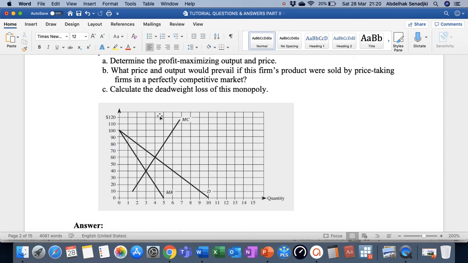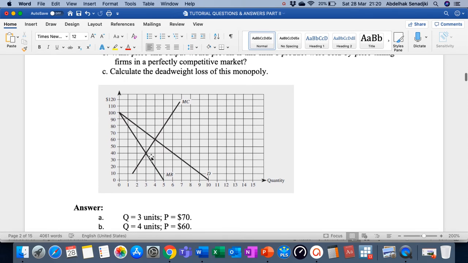So we assume that this is the supply. In the perfectly competitive market, the price is determined by supply and demand. So this is the supply intersecting with the demand. Then here, in a perfectly competitive market, they will produce 4 units, and the price will be 60.